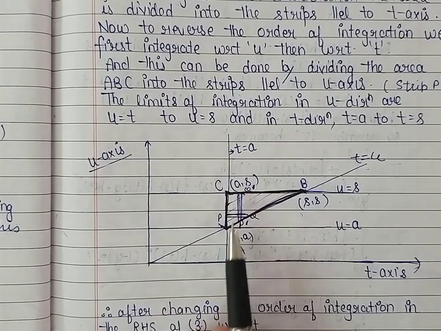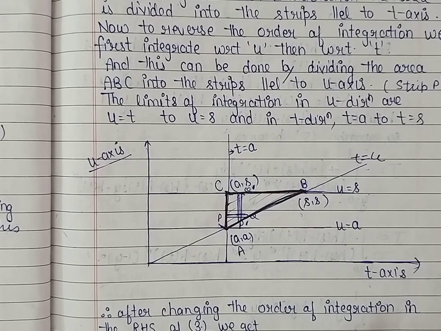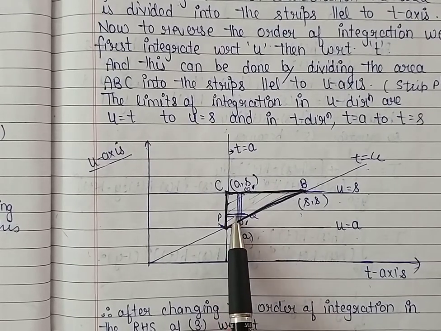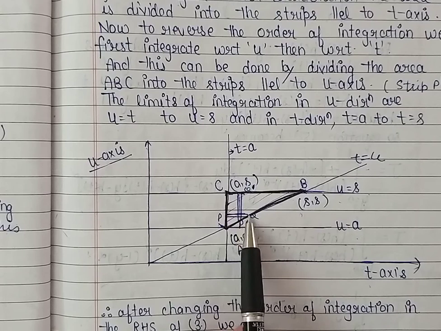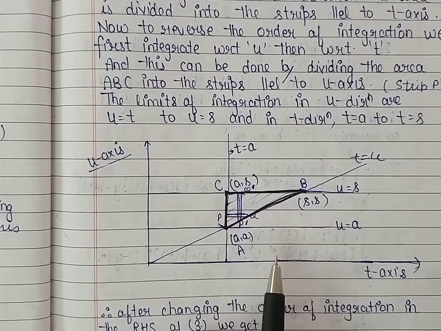Now, in the integral under consideration, the area is divided into strips which are parallel to this axis, this kind of strips. One such strip we have shown here by the strip PQ. Now we will reverse the order of integration.